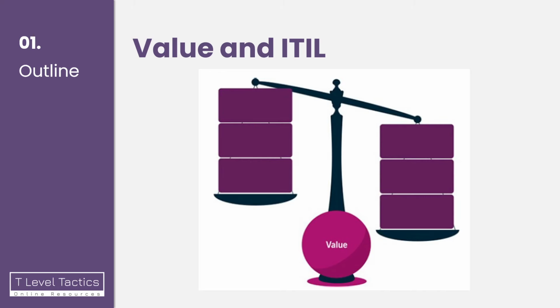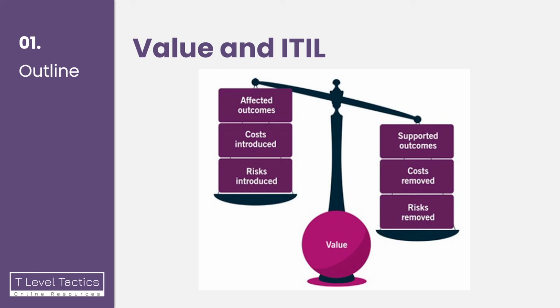Essentially, value is when we support outcomes and objectives of the business, where we remove costs and remove any risks to the business or process as well, as opposed to creating negative effects to outcomes and objectives, as opposed to introducing new costs to the business, and as opposed to introducing new risks to the business. Now, I know that seems maybe quite obvious now, but it's important that value is those three things on the right-hand side: supporting objectives, removing costs, and removing risks.